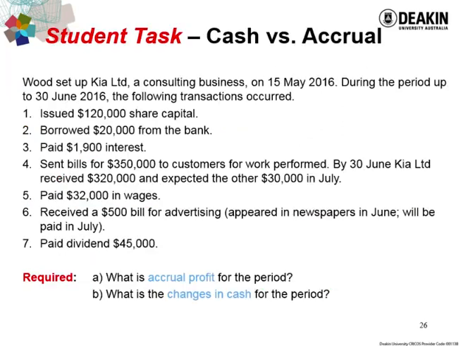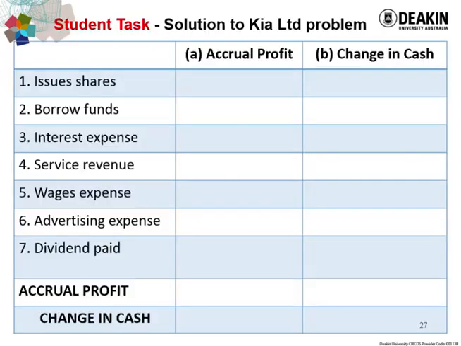Alright, student tasks. For each of these items, you need to discuss whether there is any effect on the accrual profit and whether there is any effect on cash. So let's go through each of them.